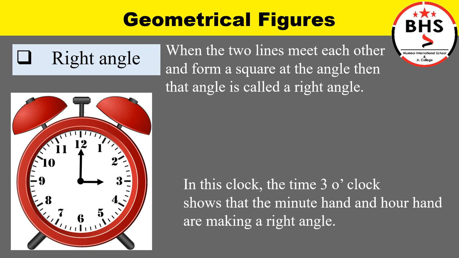Let us closely observe the angle made by the minute hand and the hour hand. Children, this red color square shows us that the angle between both the hand is a right angle.